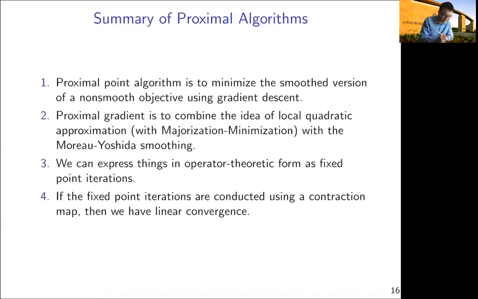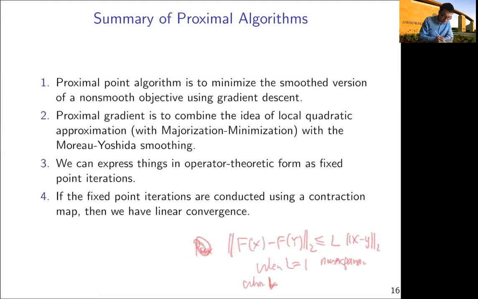There are sometimes cases where we can show that for a general transformation f, the norm of f of x minus f of y is smaller than L times the norm of x minus y. When L equals 1, this is called non-expansion. When L is strictly smaller than 1, this is called contraction.